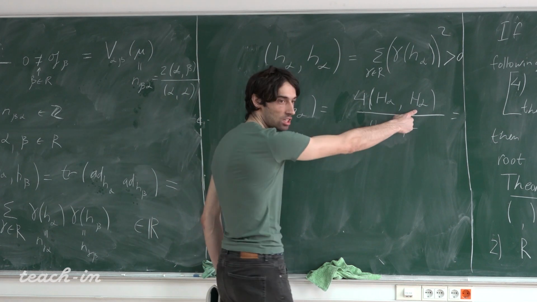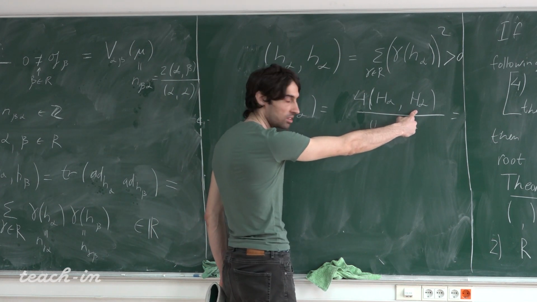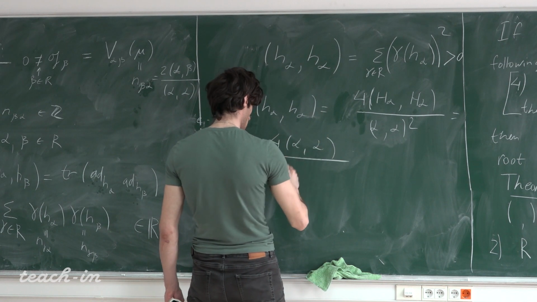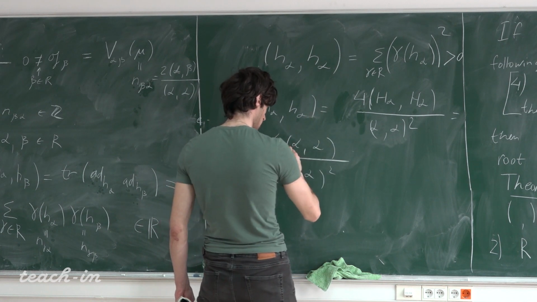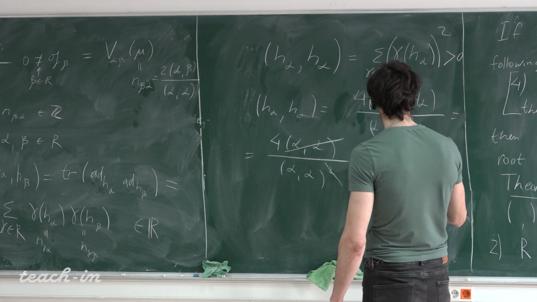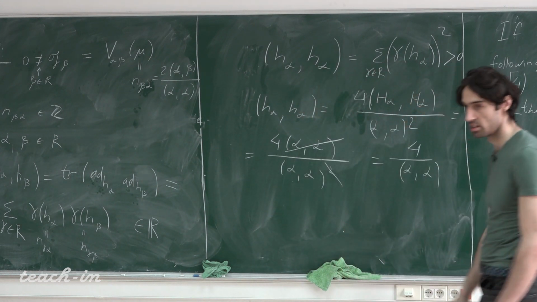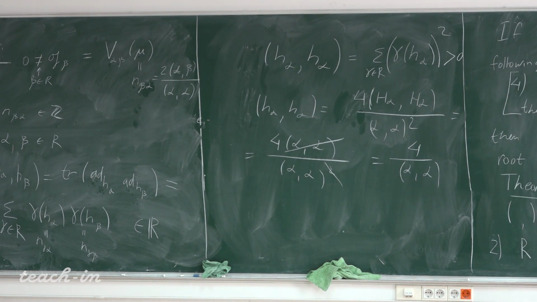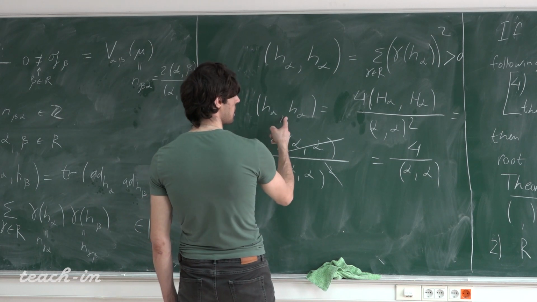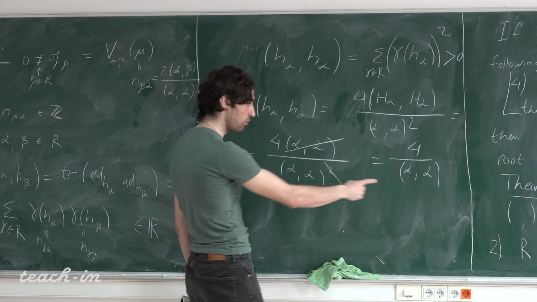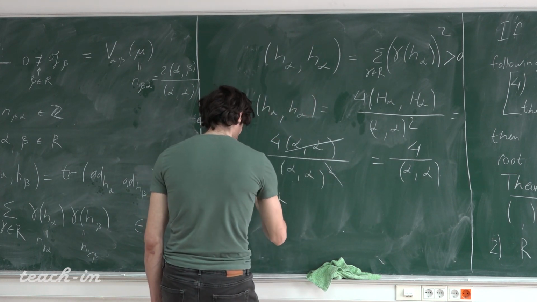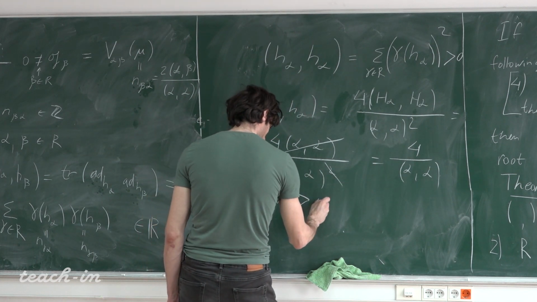By definition, this is also alpha. So it's 4 alpha divided by alpha squared. This cancels, so it's 4 divided by alpha. So therefore this guy is greater than 0. Therefore, alpha is greater than 0. It's real and greater than 0.